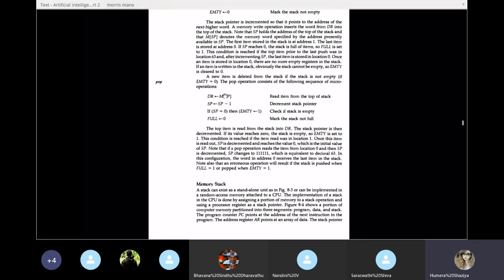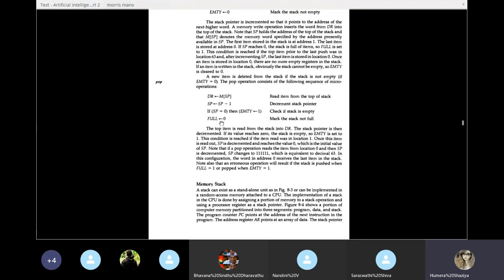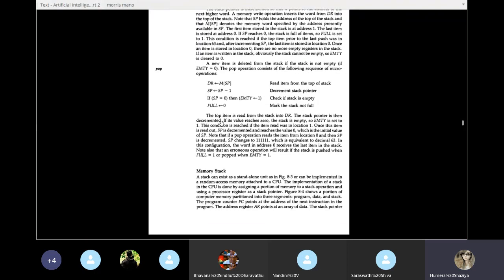It is like a pop operation. You are reading from the stack into DR, and then you are decrementing the stack pointer and checking if the stack is empty. If it is empty, you initialize empty to 1 and mark full to be 0, meaning if it is not full, it is empty.